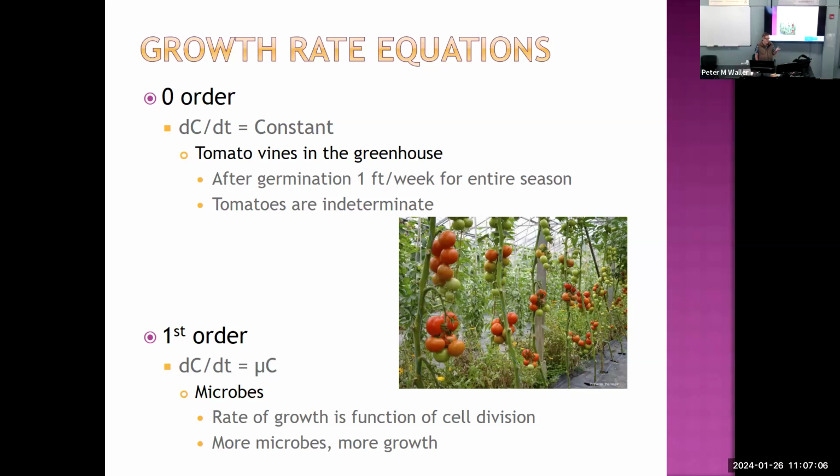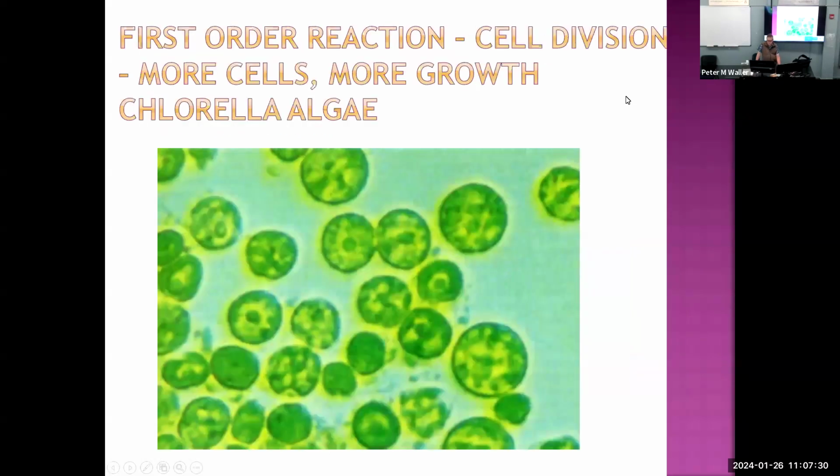Tomatoes are what's called indeterminate. They don't have a final length, at least these tomatoes. They grow like 40 feet and they keep extending them around the greenhouse. So that would be a zero order equation where dC over dt is a constant. You can see that it's not mu times C, it's just mu. And then first order growth rate equations would be like cell division.